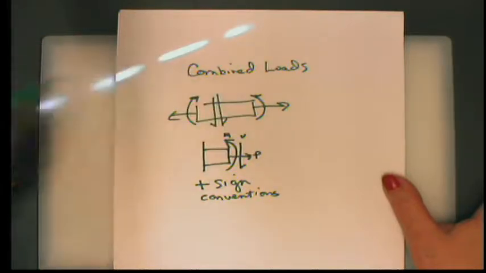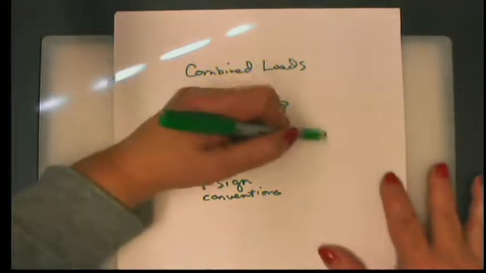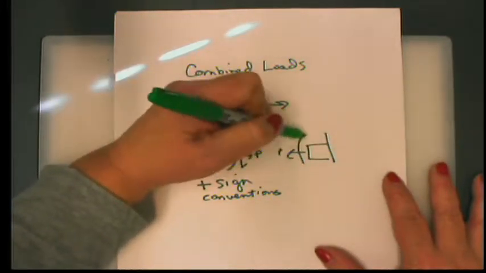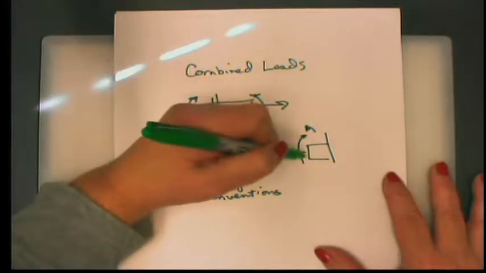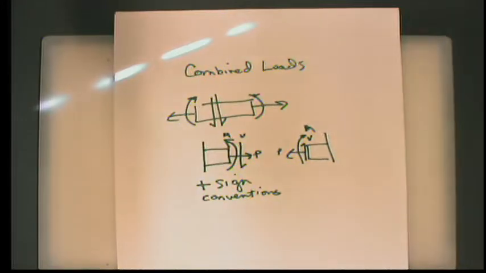Okay? So those are our three positive sign conventions. Now, if we were to cut the other way, once again, we would have a pull, we'd have a positive bending moment, and our shear load would look like this. So those are the two positive sign conventions.